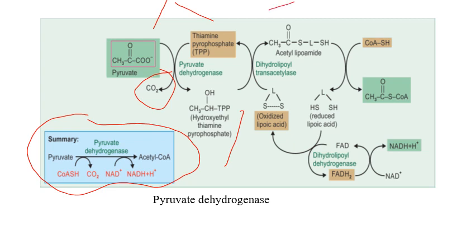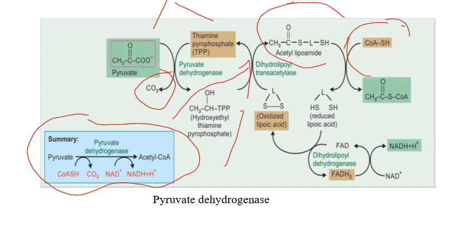Then the next reaction is transfer of the acetyl group from the hydroxyethyl intermediate to the lipoic acid, forming acetyl lipoic acid. This is catalyzed by the dihydrolipoyl transacetylase enzyme. Next, step 4 is the transfer of the acetyl group from the acetyl lipoic acid to the coenzyme A molecule.